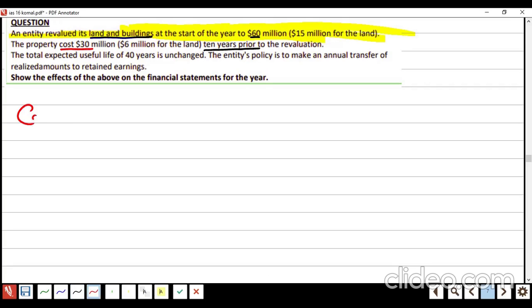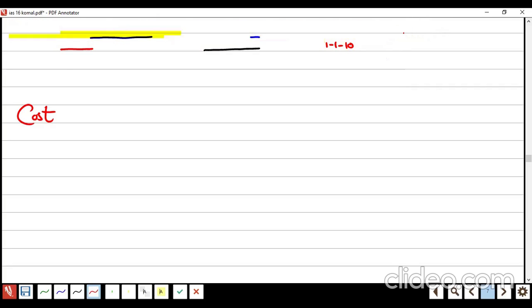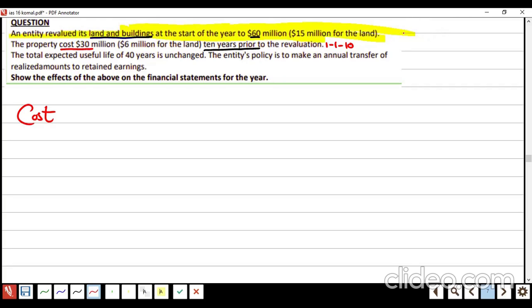If I say 10 years prior, let's assume it's like this, and the revaluation is happening like that. Any doubts? No. Okay. So just assume the cost 10 years prior is like that.